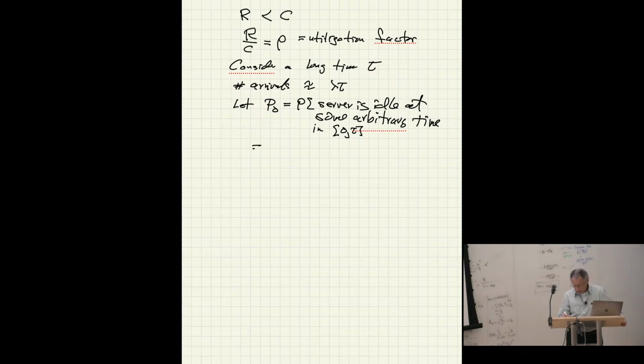That implies that the server is busy tau minus tau p0 of the time.